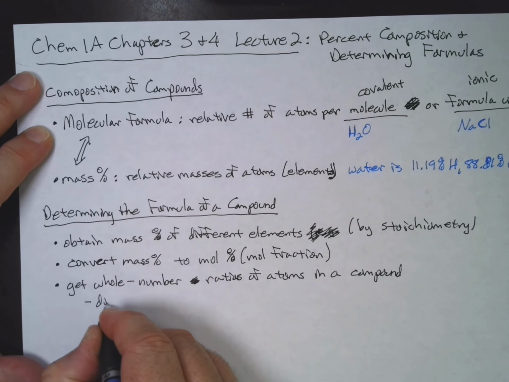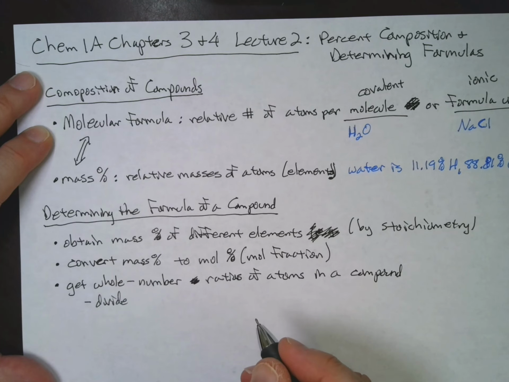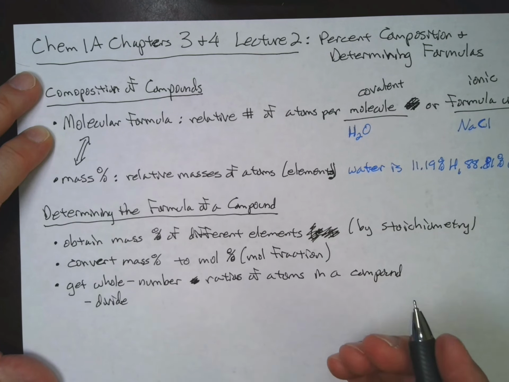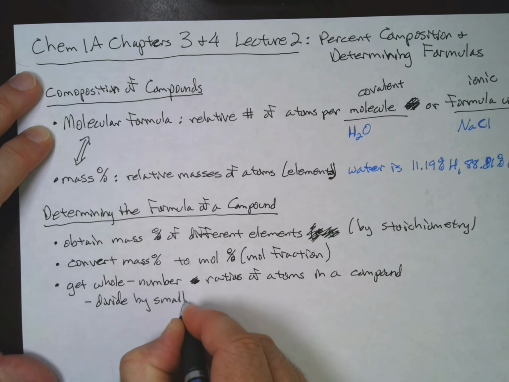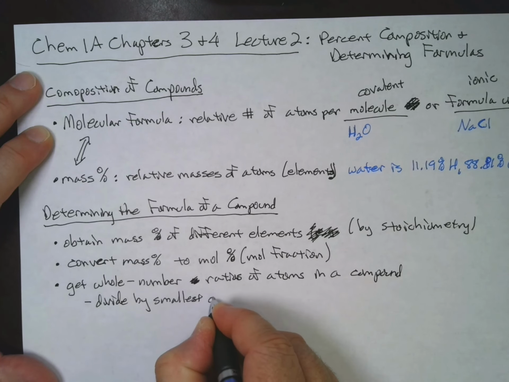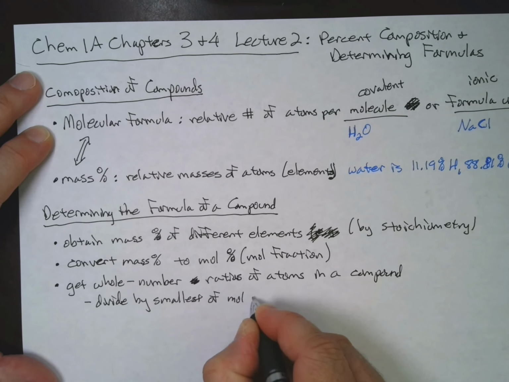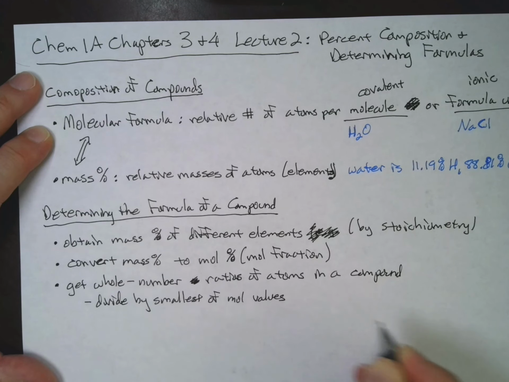Divide by the smallest of the mole values, and multiply then to get whole numbers.